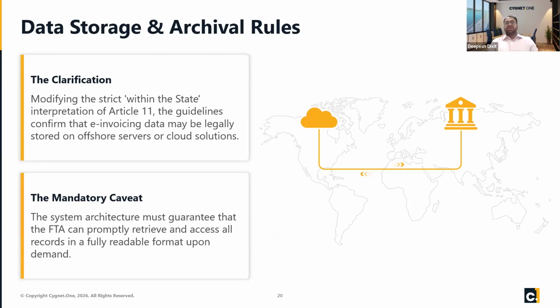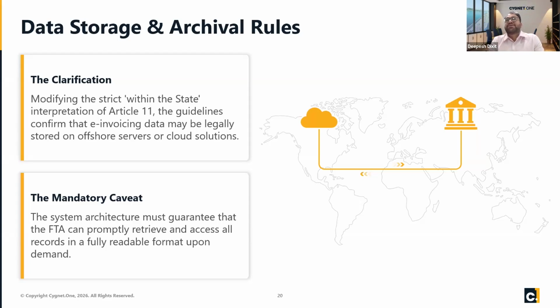Self-billing would be completely dependent upon the agreement between both the parties. Then the data storage and archival rules. Earlier there was news in the market that the data archiving has to be done within the UAE regions, and the complete solution has to be hosted in the UAE regions. But now FTA has clearly mentioned, as per Article 11, that the data can be outside the UAE borders.